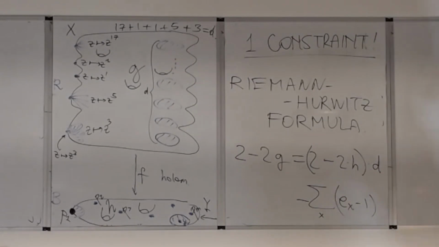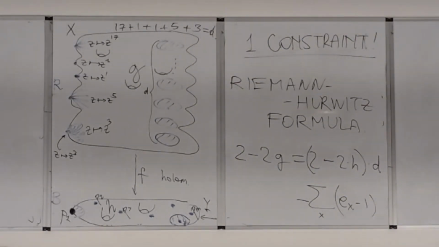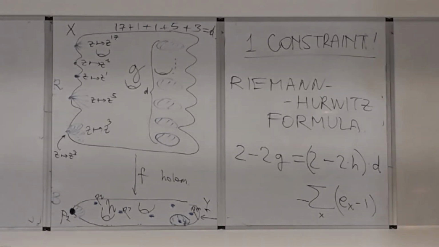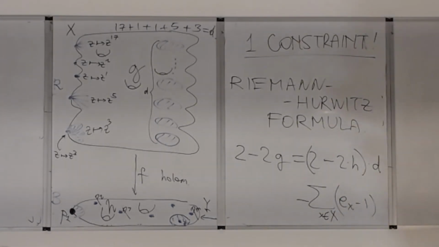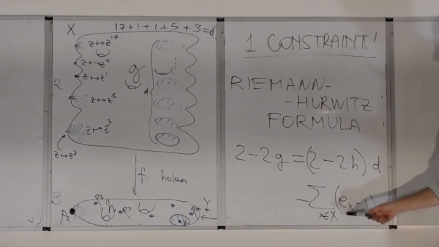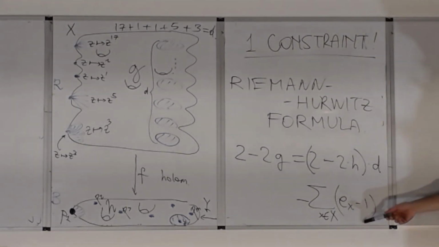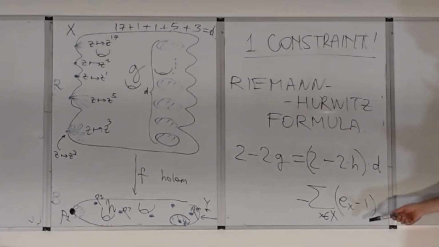And now you can get very angry, because I wrote the sum over points of a Riemann surface, all x in X. Yeah, but every point has e_x equal to 1 except finitely many, so this vanishes. So this is a finite sum.